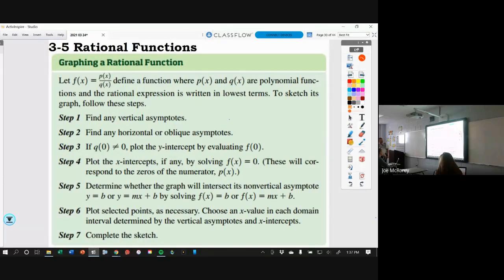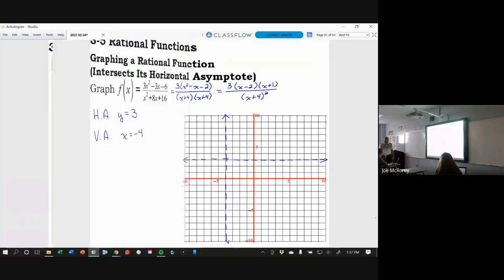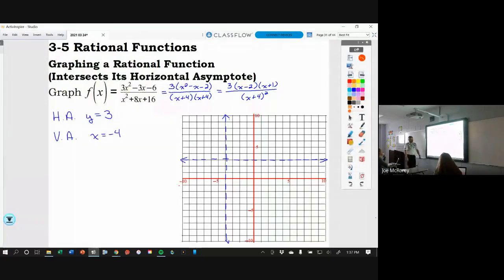Step number 3, y-intercept. Is there a y-intercept? Can x be 0? Yes, the only thing x can't be is -4. Okay, so to find the y-intercept, we want f of 0.